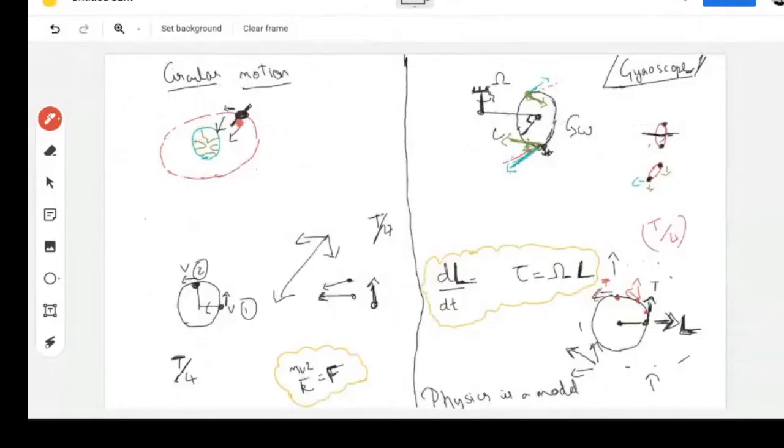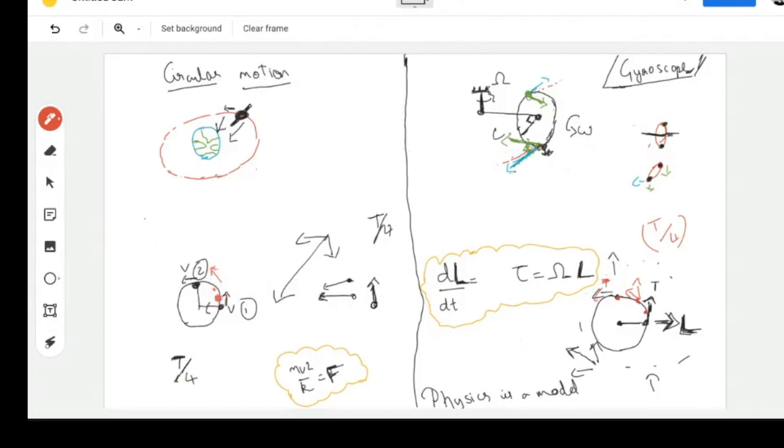So this is circular motion. At every time t, the vector is changing. The radial vector, the radial force is changing. So if I take it over a period of t by 4, the average vector is in this direction.